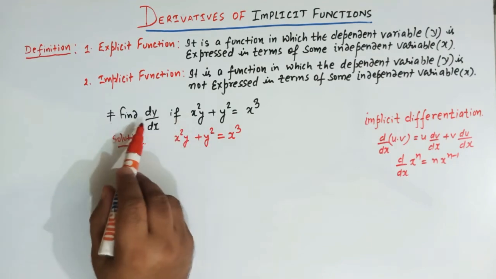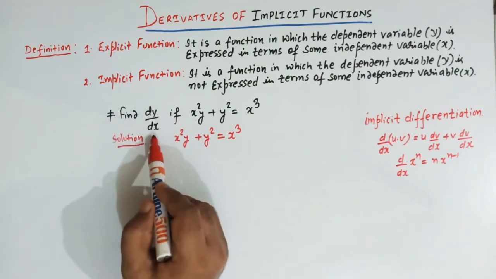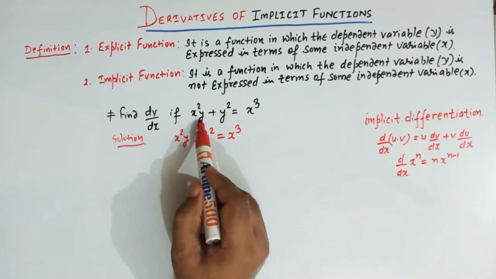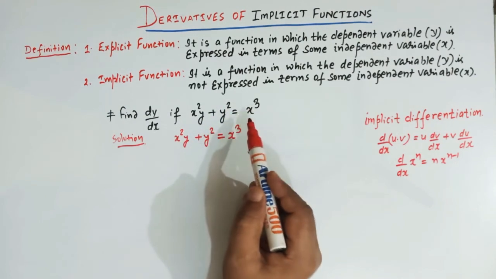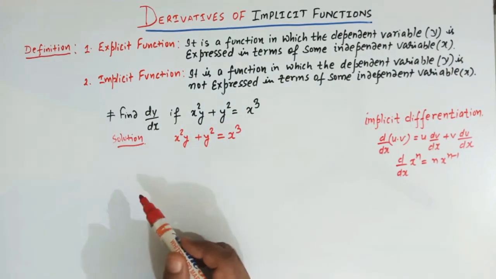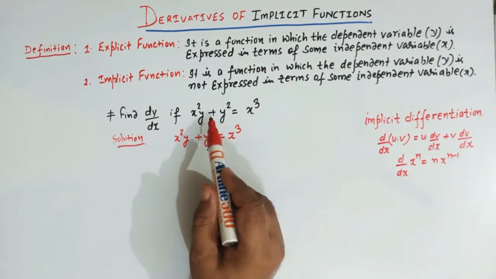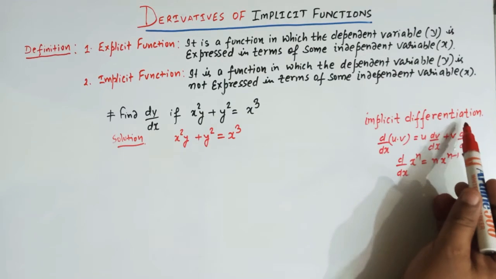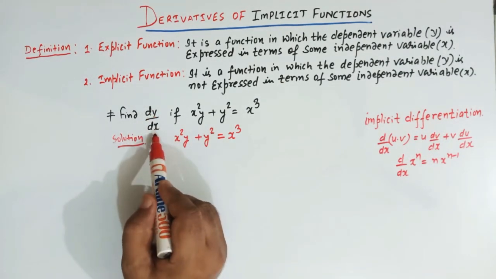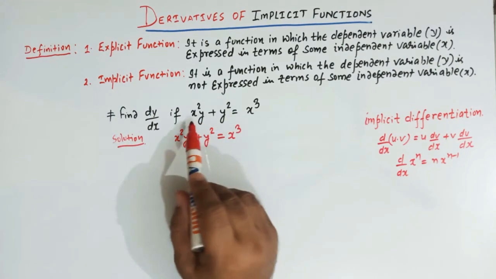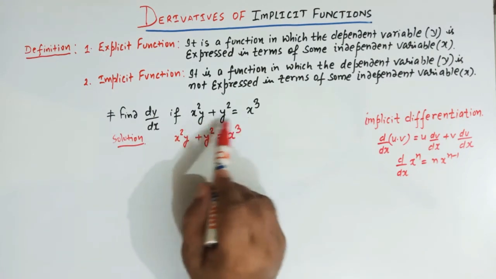Here we have to find dy by dx if x square times y plus y square equal to x cube is given. Again, this is an example of implicit differentiation. Here we have to find the derivative of y with respect to x, and this is an implicit function.